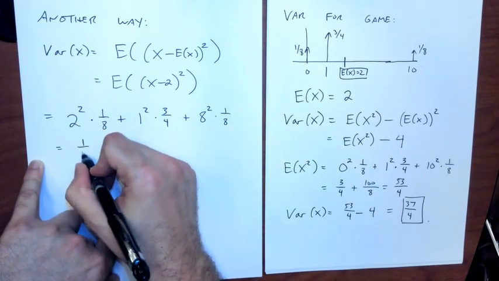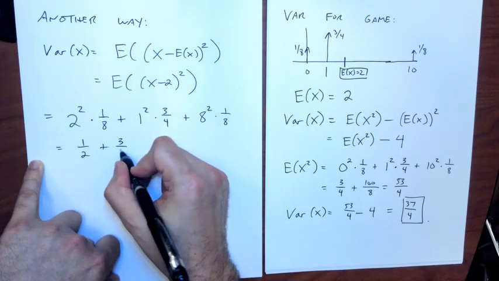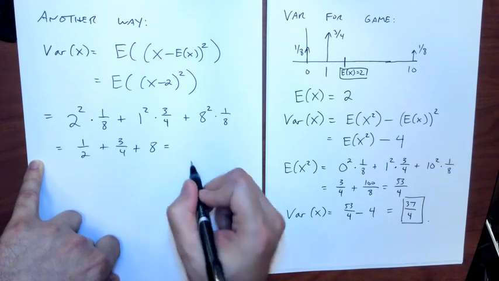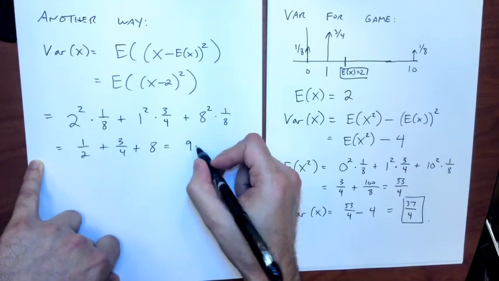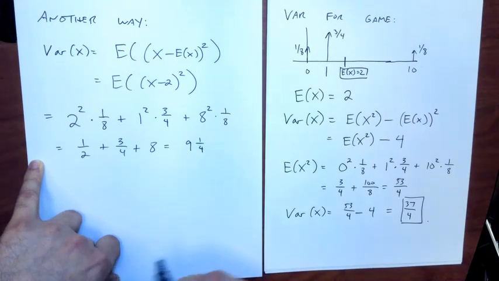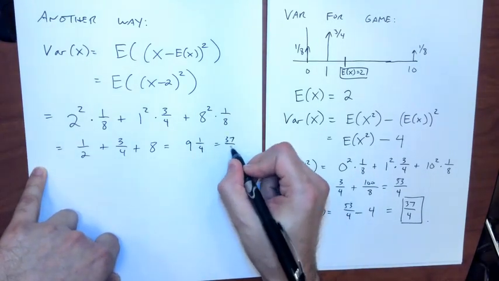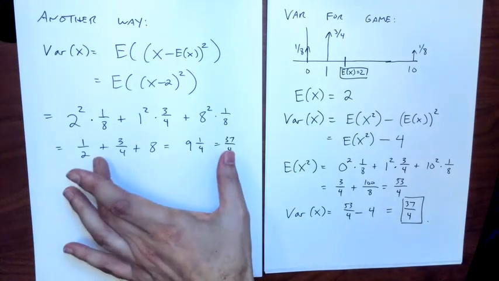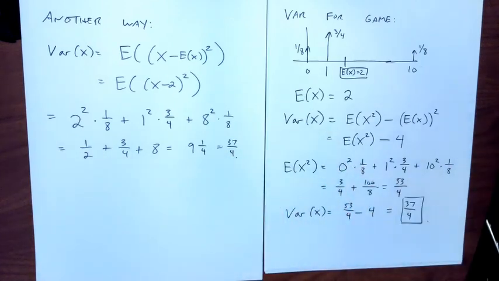I get 1/2 plus 3/4 plus 8, which is 9 1/4, which is the same 37 over 4 that I got earlier. So two ways of solving the same problem. In this case, I think this is a little bit easier than the first way I did it, but either way will work. Just different ways of thinking about the same problem.